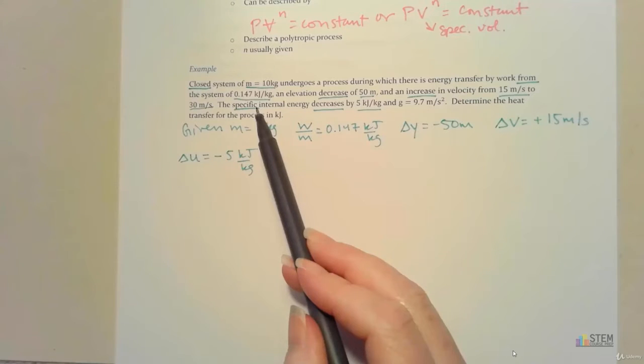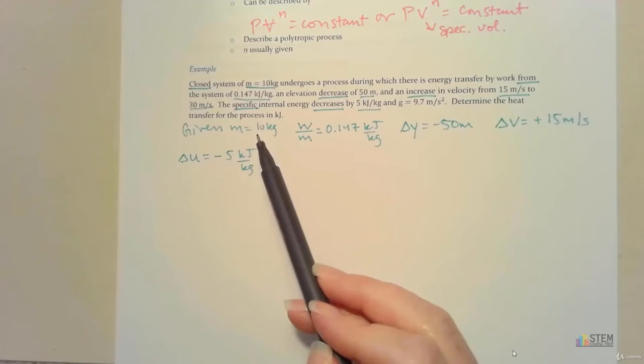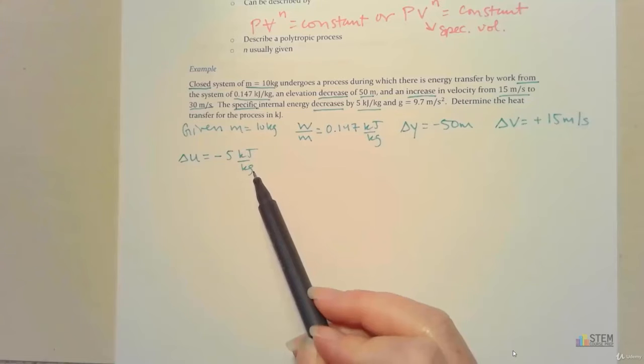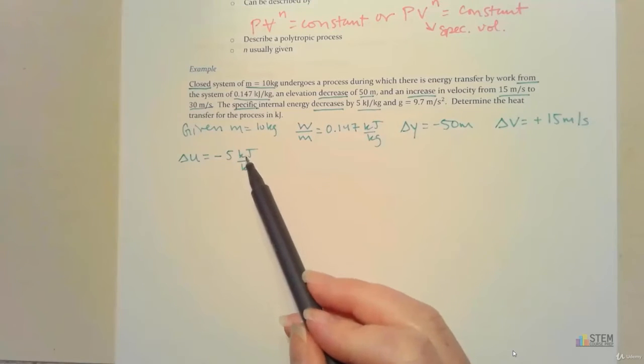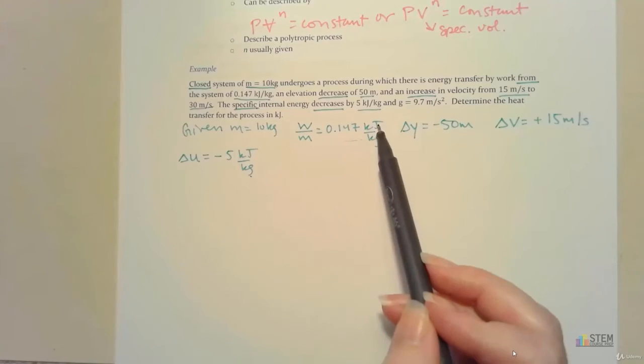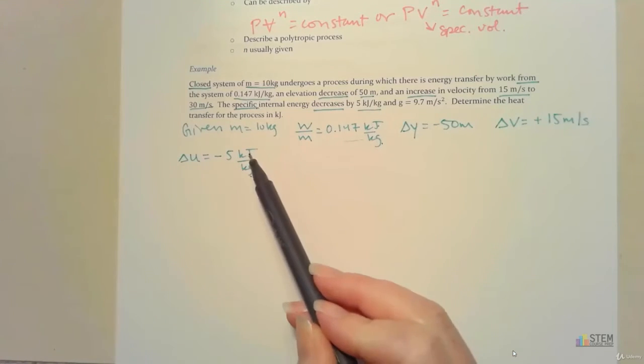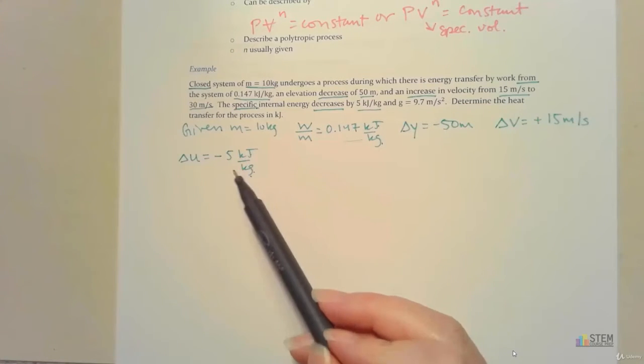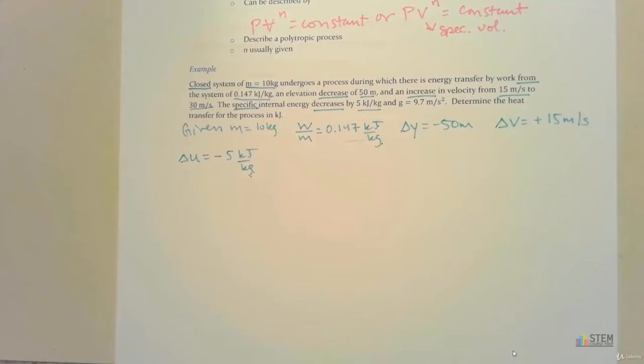Anytime you see specific, that is indicating to you that it's giving you the energy per unit mass. So here we've got our work per unit mass, and our specific internal energy is kilojoules per kilogram. If you see specific, that's telling you you've got your units per a unit of mass.